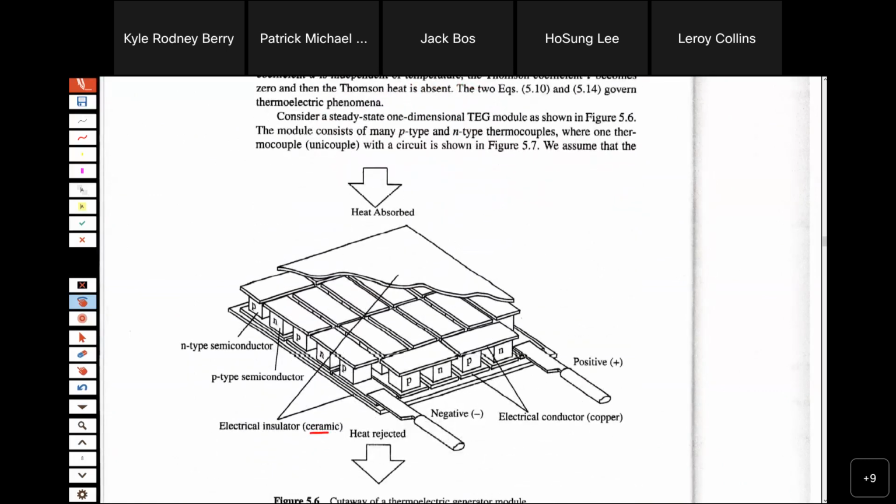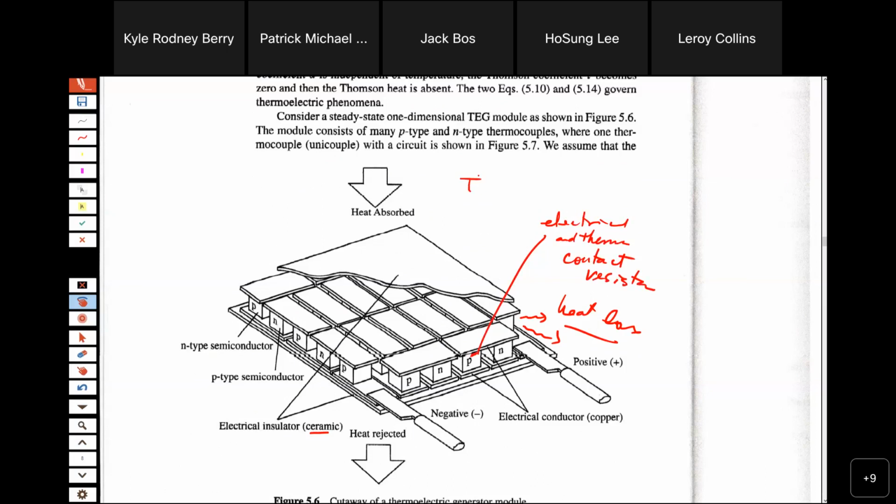There is always radiation and convection heat loss, neglect. And there is electrical and thermal contact resistance, neglect.